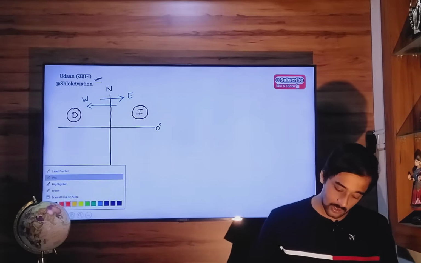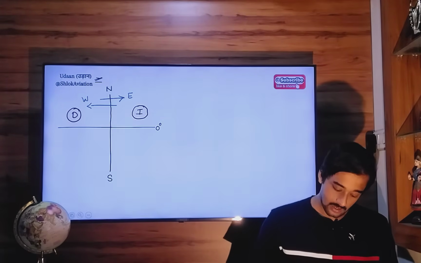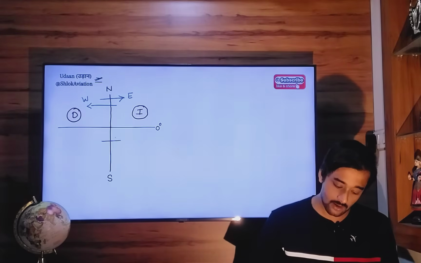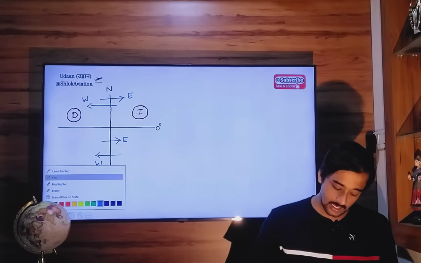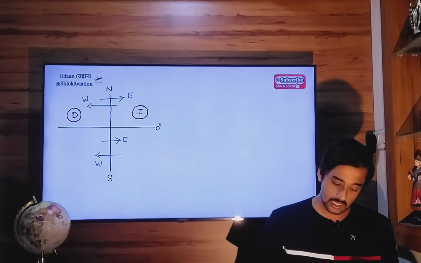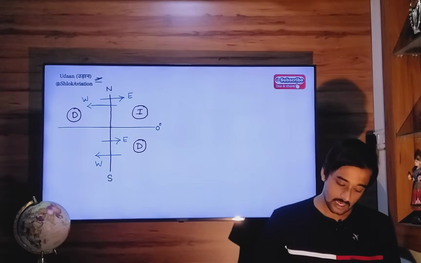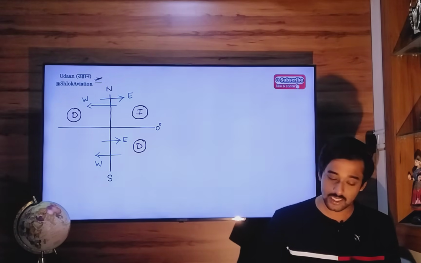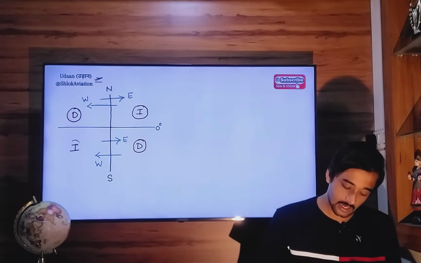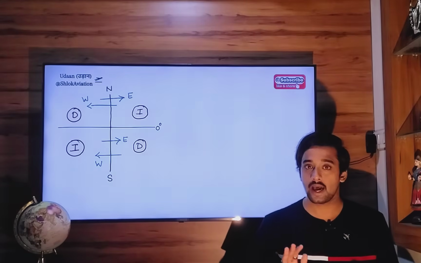Next, if you are in the south hemisphere, two possibilities, traveling east, traveling west. Now, if you travel east, being in the south hemisphere, the great circle direction change will decrease. And if you travel west, the change will increase. So this is your DIID.